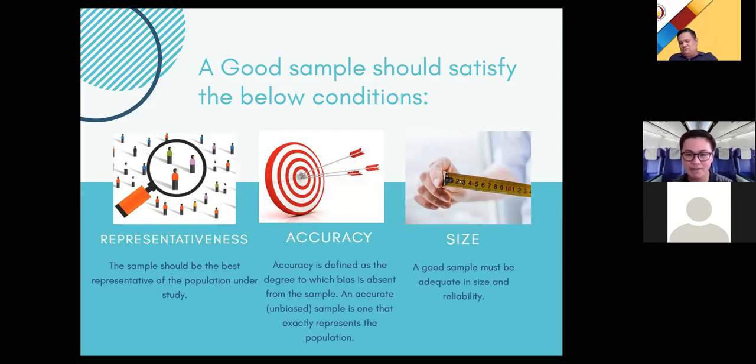So accuracy is defined as the degree to which bias is absent from the sample, para maiwasan natin yung bias. An accurate sample is one that exactly represents the population. So sa size naman, a good sample must be adequate in size and reliability. So gaya nga ng na-mention kanina, the larger the sample size, the more accurate the findings.